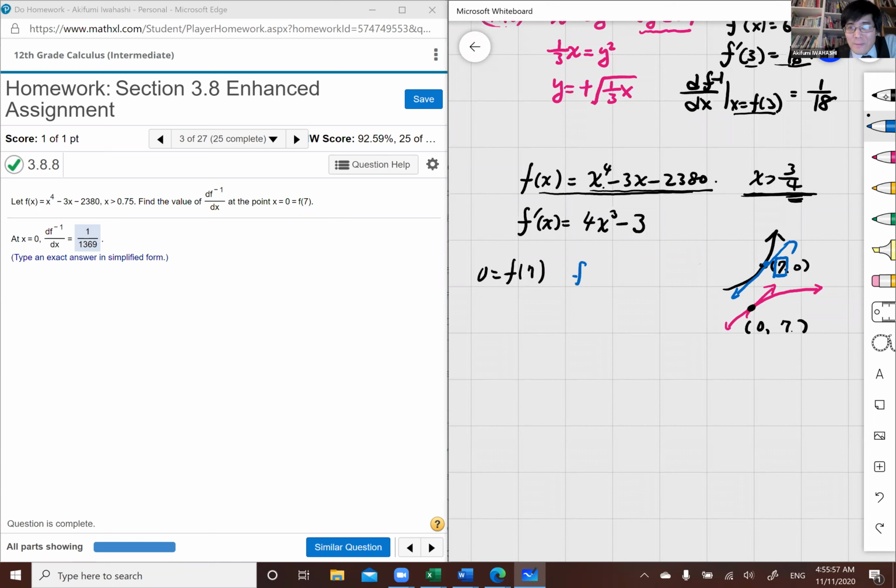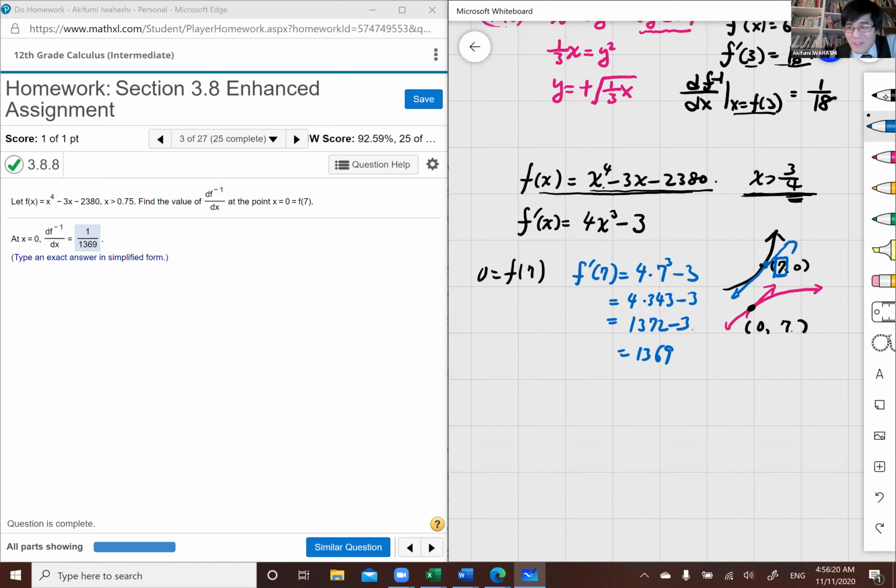So let's find f dash of 7, which is 4 times 7 cubed minus 3, which is 4 times 343 minus 3, which is 1372 minus 3. So the slope is 1369. Okay, that's quite big.